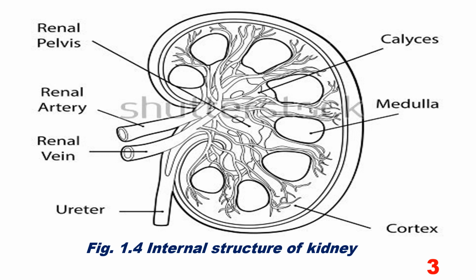So when blood carrying urea and other waste products passes through the renal artery and gets into the kidney, this renal artery branches rapidly into each medulla of the kidney.